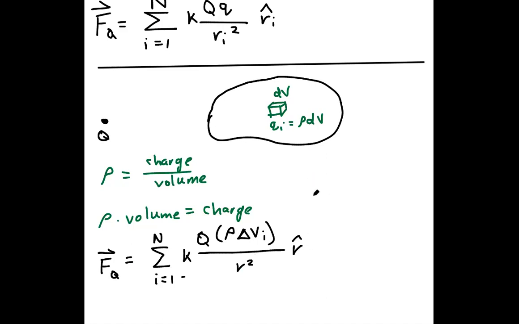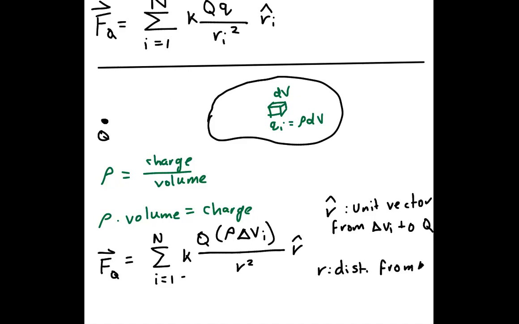A little thing to make note of here: R hat is the unit vector from delta Vi to Q, and R is the distance from delta Vi to Q.